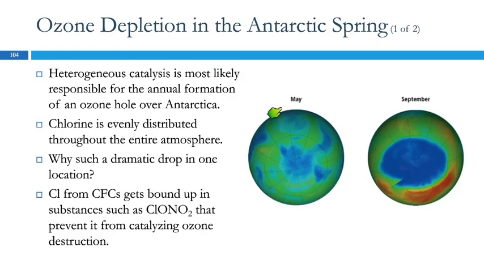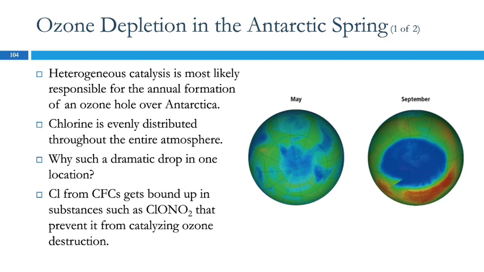So in May, looking at Antarctica, it may look like this, and in September, it looks like this. So this is the hole. There's this big hole. And you could look at that and get really alarmed, like, oh my goodness, we're going to perish by next summer, right? This is bad.